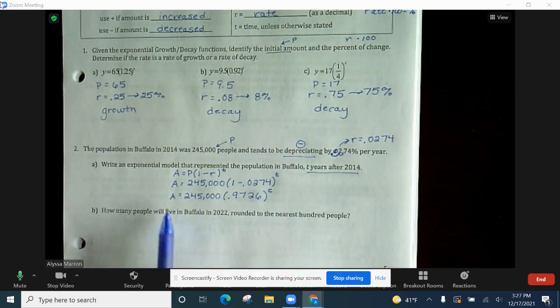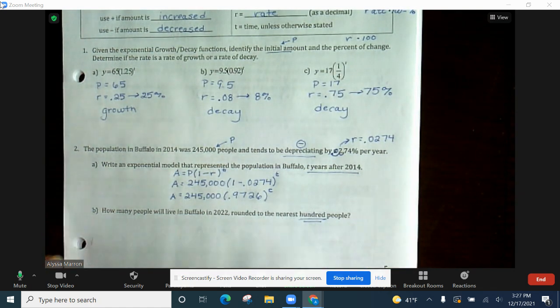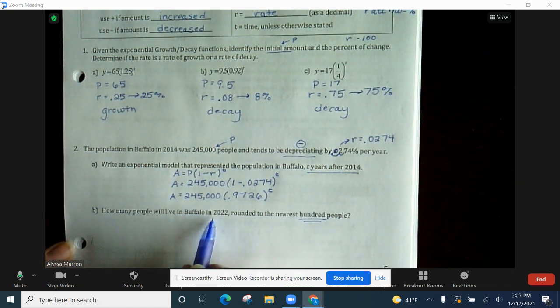Now we can use that equation that we just derived to find out how many people will live in Buffalo in 2022. We are rounding to the nearest 100 people. That's not hundredths, but hundreds. So if we were looking at a population in 2022, I'd have to say, well, what's my t-value going to be?